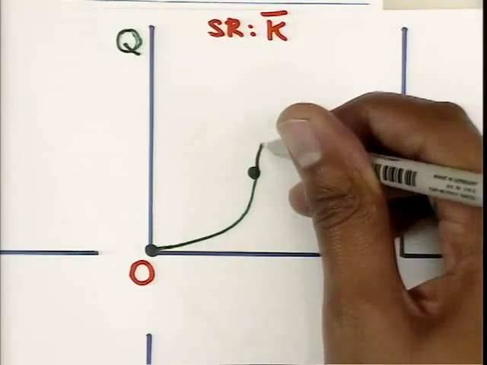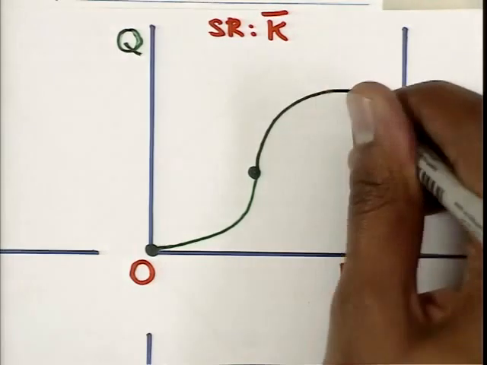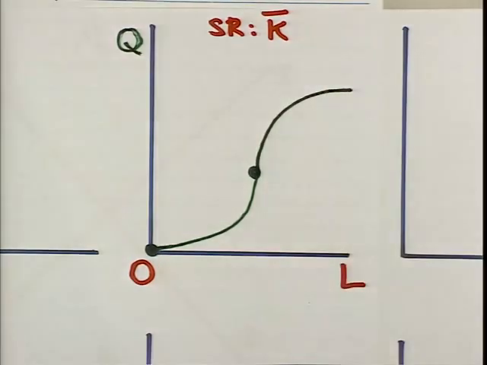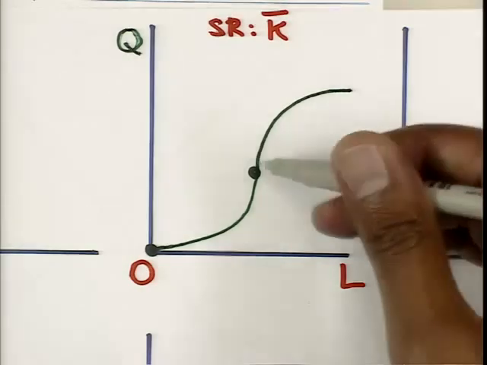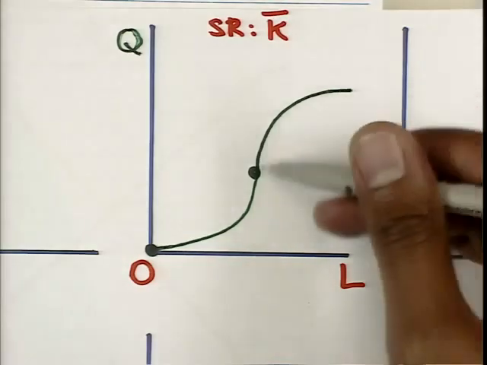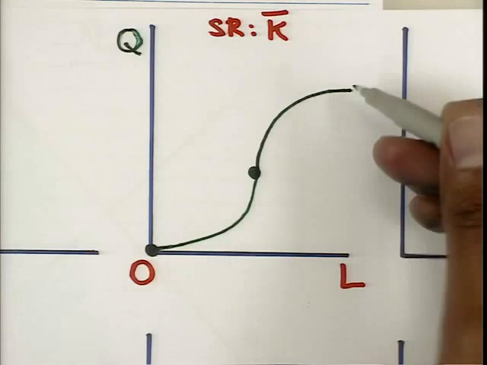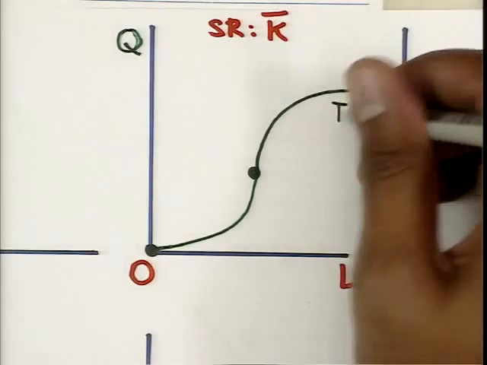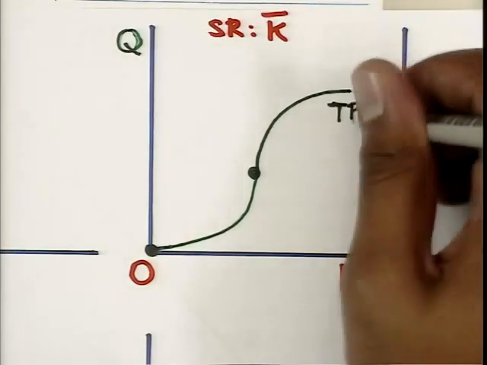Then, after a certain point, output begins to increase at a decreasing rate. Why? We've got a fixed resource. Now, you've got more workers trying to crowd around a fixed machine. So the extra output begins to get smaller and smaller. Output begins to increase at a slow rate. We call that the total product curve.